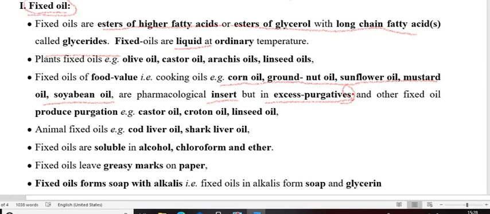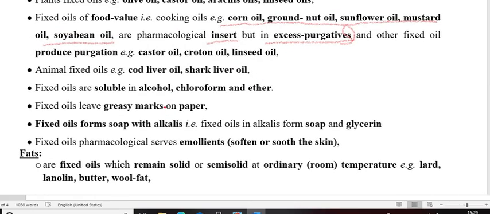So these oils are used to relieve constipation through purgative action. And the fixed oils that we usually use as a purgative agent to evacuate the bowels are castor oil, croton oil, and linseed oil.